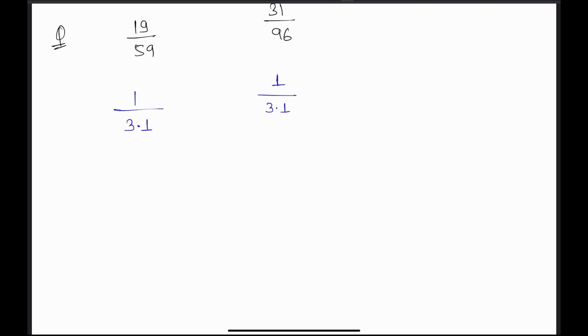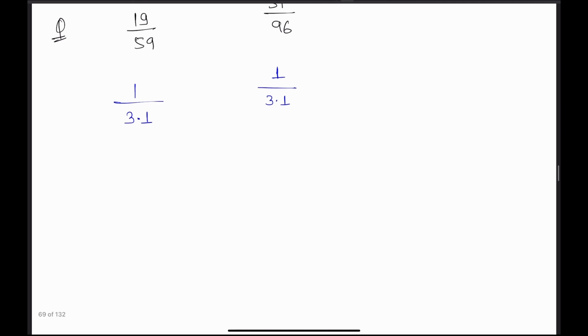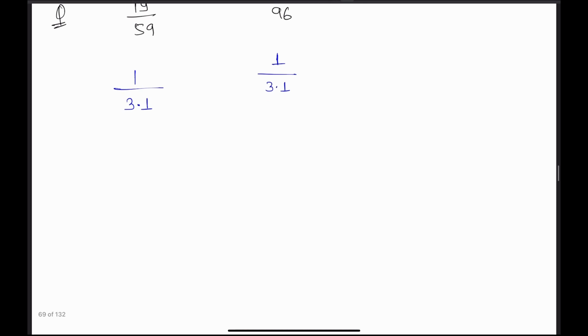So what else we can do is reciprocate whatever is written. It's the same only: whatever I have written as 3.1, it can be written in different ways, it's up to your perspective.